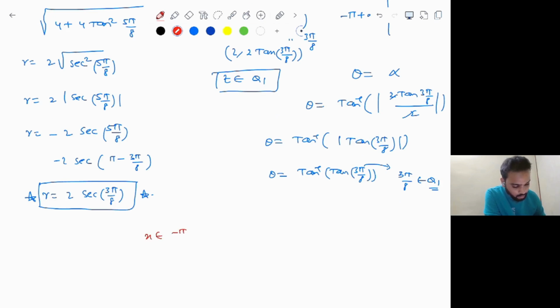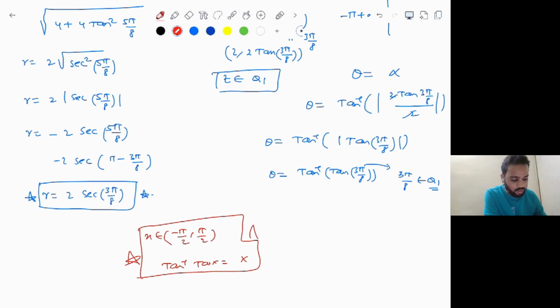Whenever x belongs to minus pi by 2 to pi by 2, we can directly write tan inverse of tan x is equal to x. And if it is not in this interval, you know how to do it by using the graph of tan inverse of tan x. So that is why here 3 pi by 8 is in the interval minus pi by 2 to pi by 2, and hence you can directly write your answer as theta equals 3 pi by 8.